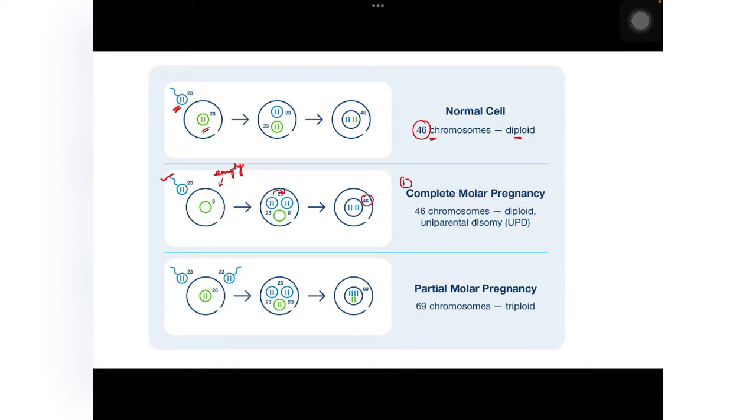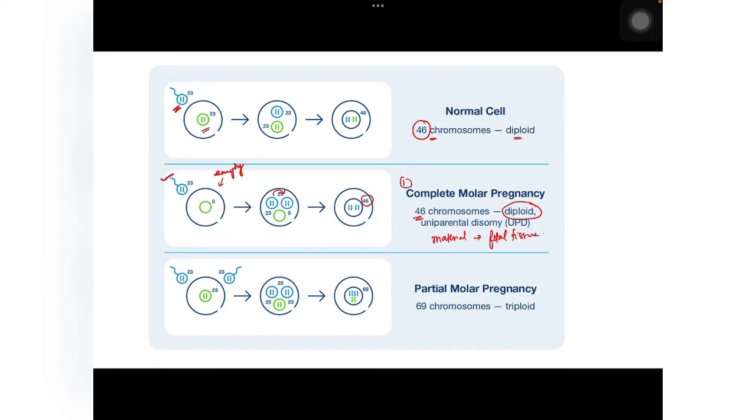There is no maternal contribution here. We all know that maternal contribution of chromosomes is very important for fetal tissue formation. Because the maternal component is missing, the pregnancy is going to be abnormal. Only the trophoblasts proliferate abnormally here. That is a complete molar pregnancy. So remember, it is a diploid pregnancy. It contains 46 chromosomes, but still the pregnancy is not viable.